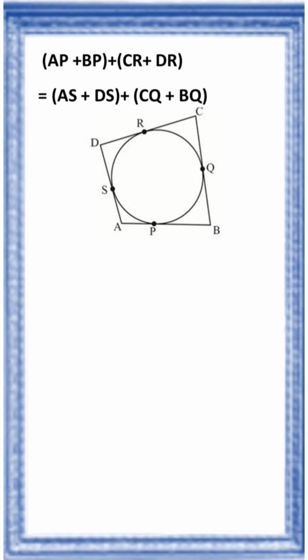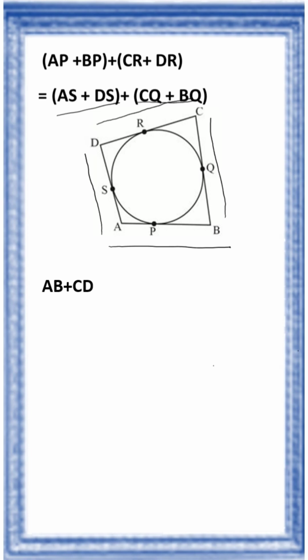Then AP plus BP is equal to AB. CR plus DR is equal to CD. So AB plus CD is equal to, here AS plus DS is equal to AD, CQ plus BQ is equal to BC. Hence it is proved.